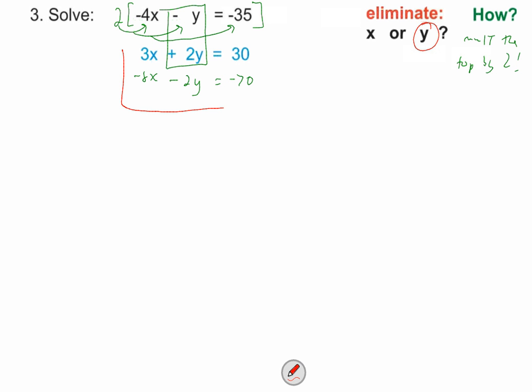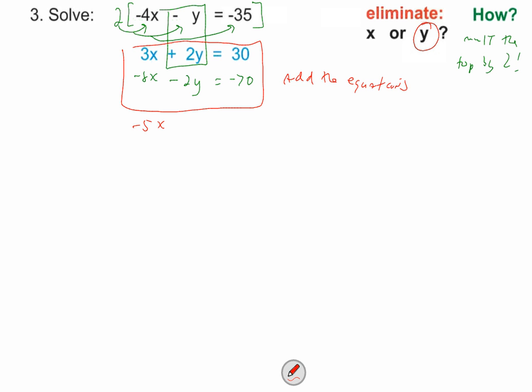Next step, add the equations. So next step is add the equations. I boxed them in to be clear. The black became the green one, right? Now we have the blue and the green. And you're just adding up the columns. Positive 3x and a negative 8x is a negative 5x.